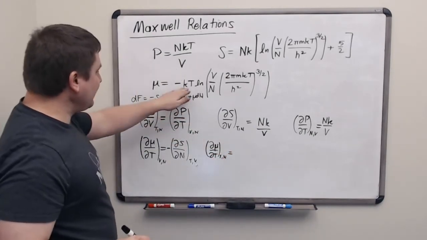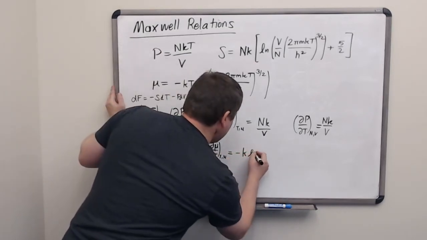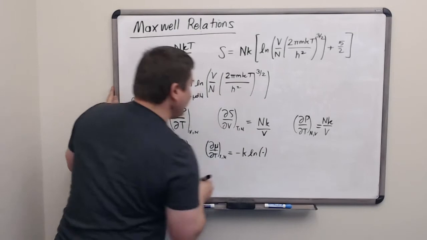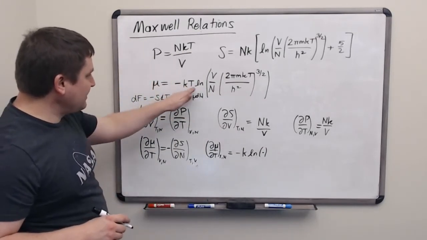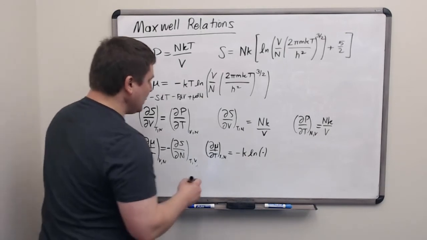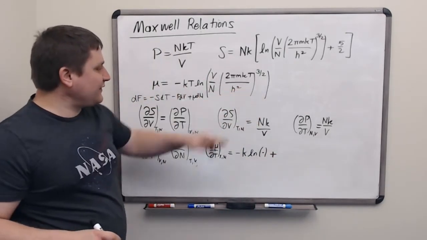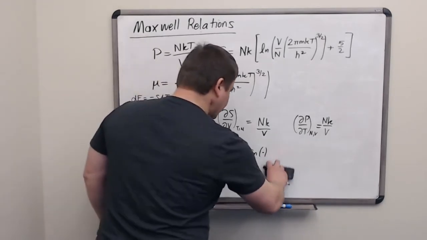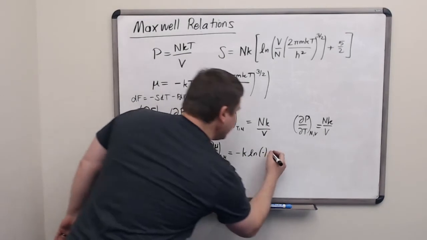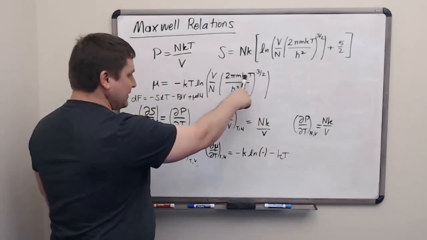All right, so first I'll get minus k times the logarithm. And I'm not in the business of rewriting this logarithm too many times, so we'll just say minus k times the logarithm. That's our first term for this derivative. Then we've got a t inside of here, so we're doing essentially a product rule. We're going to have minus kt times the derivative of this logarithm with respect to t.